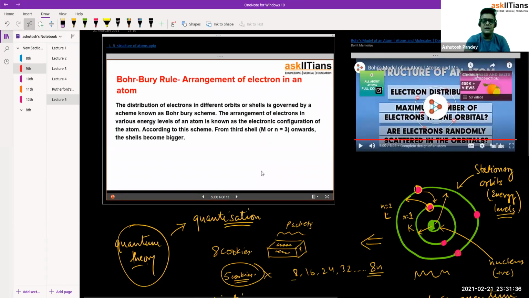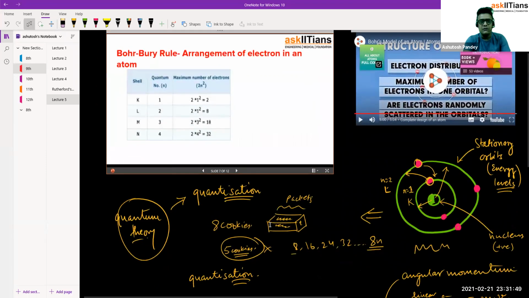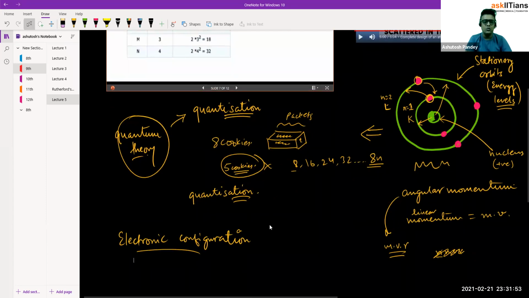According to this scheme, from the third shell onwards, the shell becomes bigger. As we move away from the nucleus, the radius of the shell becomes larger and larger. According to this rule, the maximum number of electrons which any shell can have is 2n square.